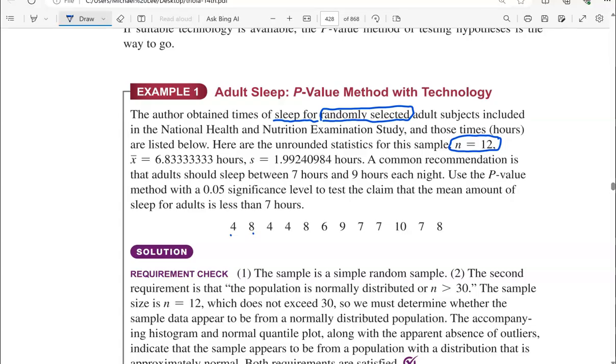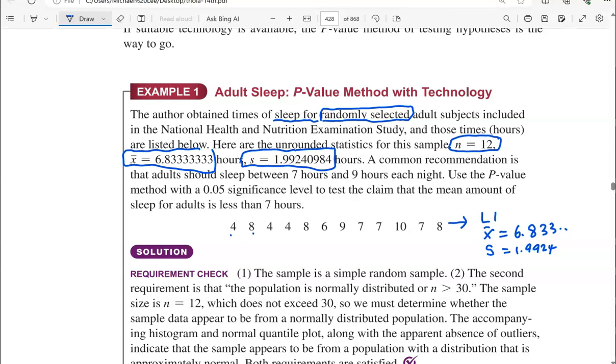And then when you put this in L1, the mean, the average, was 6.833, as you can see here. And the standard deviation was 1.9924, as you can see here.